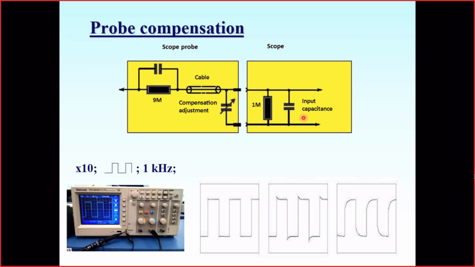Why do we need to know this? Because when we are planning a very accurate measurement with a scope, we have to know the effective input resistance and input capacitance of our measurement device. Very often we measure at high frequencies, and at high frequency the effective capacitance of the measurement device is very important.